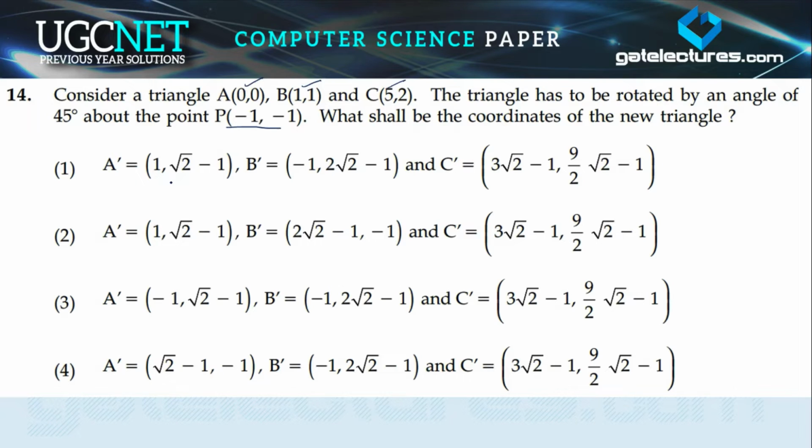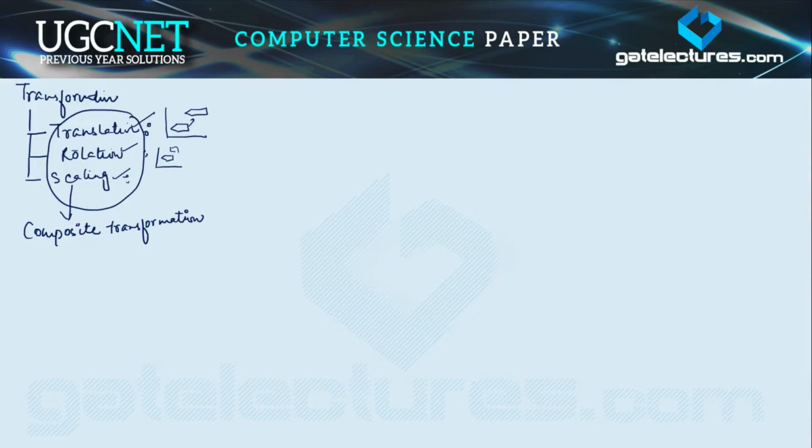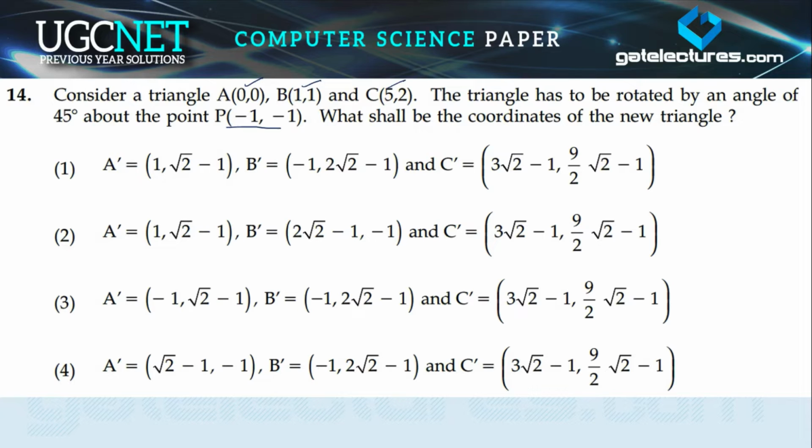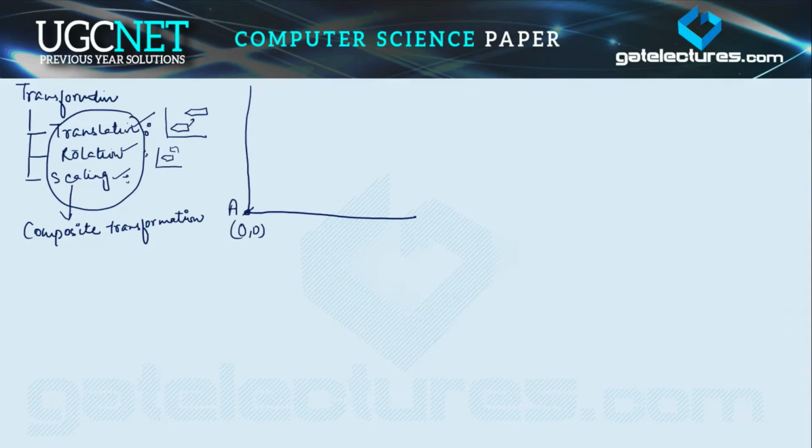So they are saying that there is one triangle. Let's draw the triangle with the help of the given points A, B and C. First point is 0, 0. This is the A point. The next point is B, which is 1, 1.